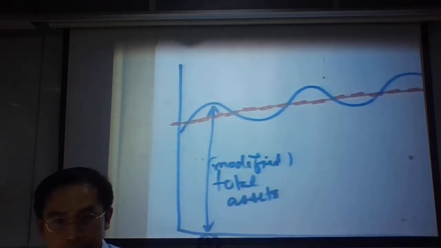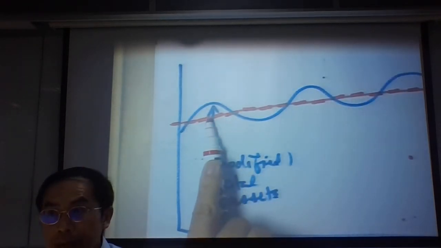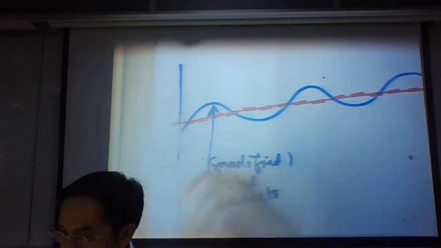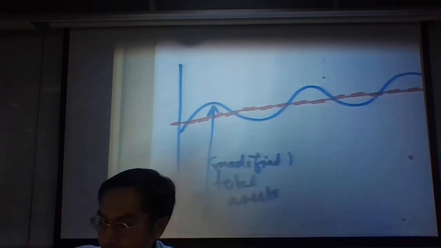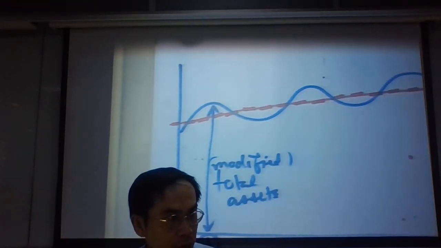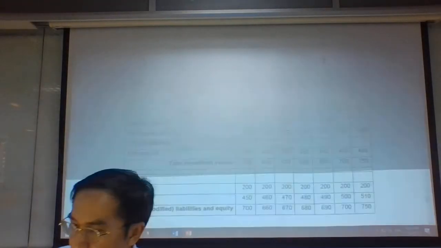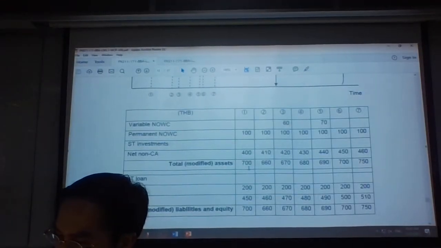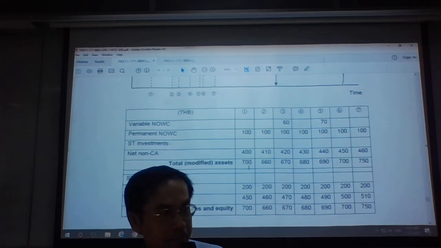The statement of financial position is not balanced, right? It's not balanced. Let's say the height of the wave here is equal to 700 baht. So at this point, this is equal to 700 baht.